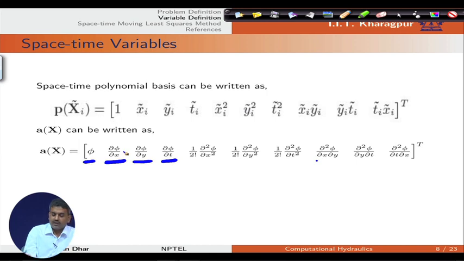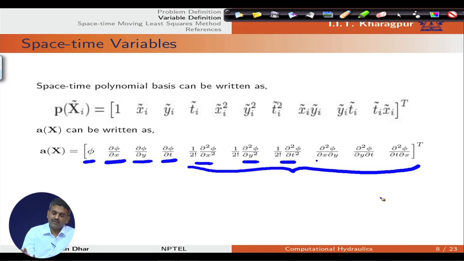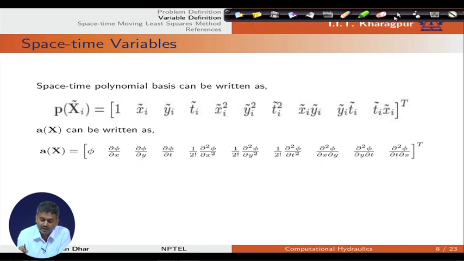This is our function directly, and these 6 are the individual second order derivatives or mixed second order derivatives, which can be obtained from our Hessian matrix, which is the second order derivative of the function with respect to 3 variables, 2 in space, 1 in time. Now, let us utilize this for construction of the mesh free method.